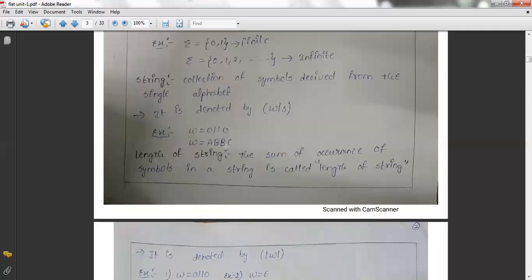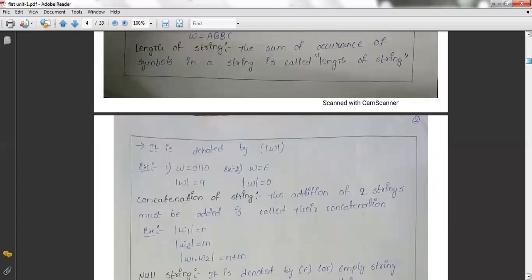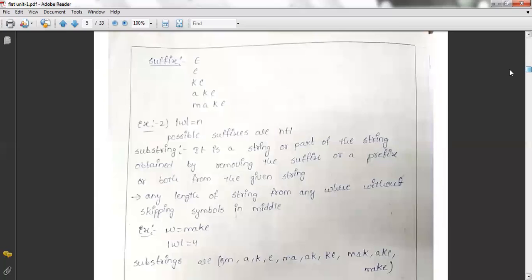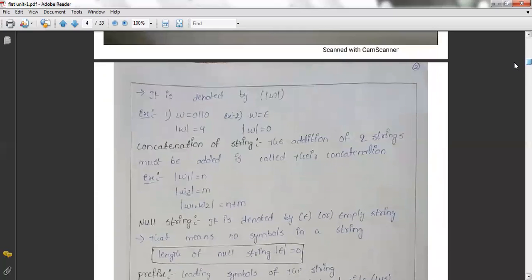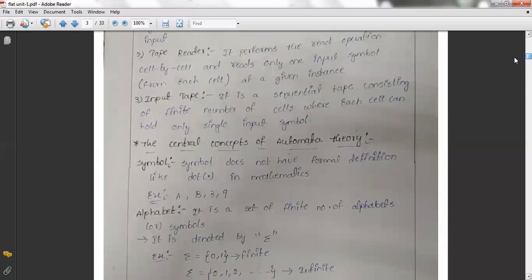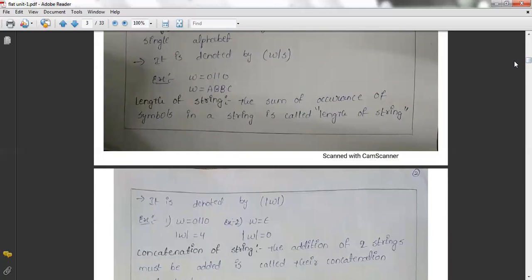Coming to the length of the string, you have learned about the length of a string in many programming languages, no? The length of the string is the sum of occurrences of the symbols in a string. The string is denoted by W, and the length of the string is denoted by |W|.